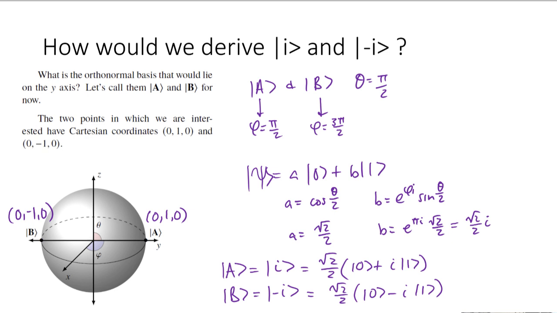E to the pi I is just I. So that's just square root of 2 over 2 times I. So now we can write that our state A, which we also write as I, is equal to square root of 2 over 2 times 0 plus I times 1. And our other state, B, which we also often call minus I, is equal to square root of 2 over 2 times 0 minus I, 1.